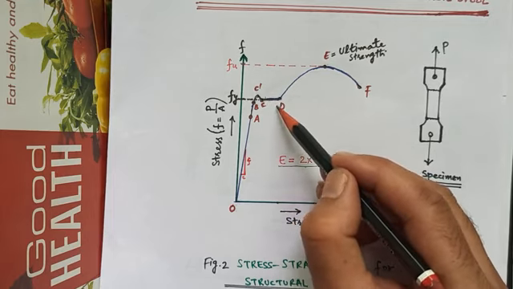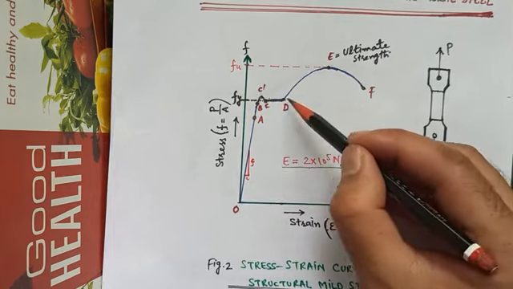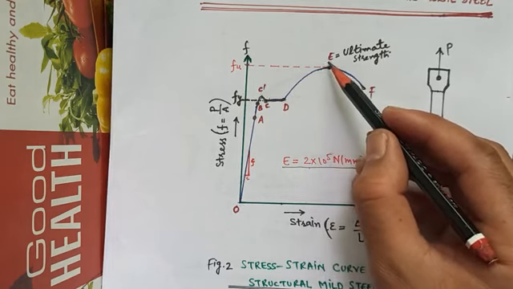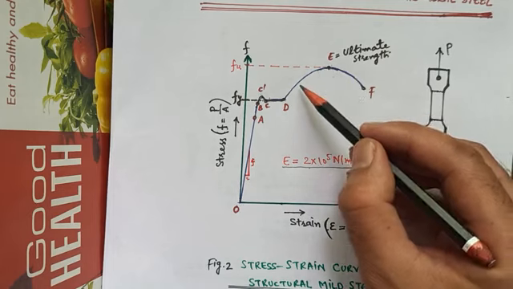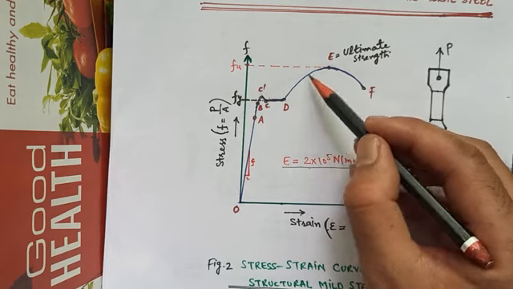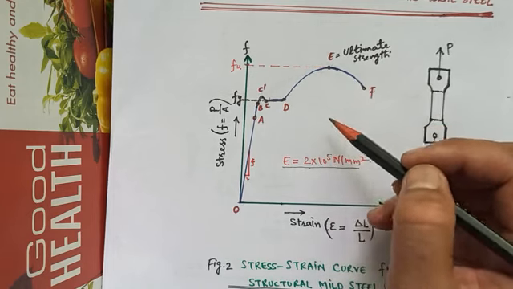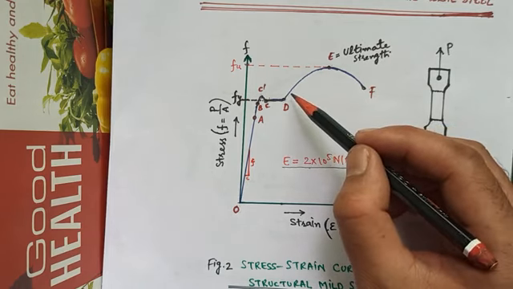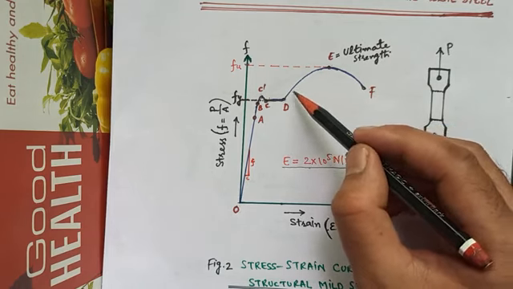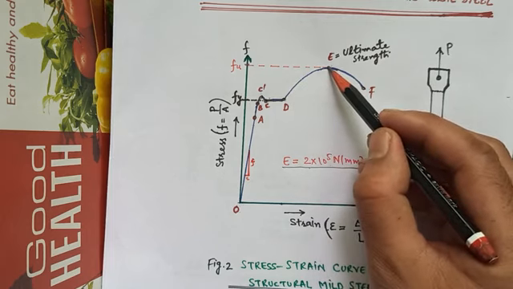So this region denotes the plastic strain. DE represents the strain hardening range. It is a range where additional stress is needed to produce additional strain. Strain increases rapidly with stress till ultimate load is reached.